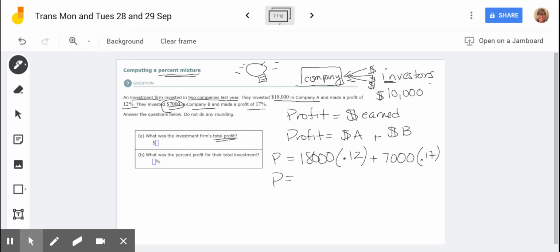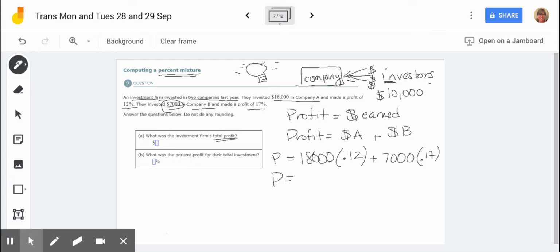So we're going to go over to the calculator. We're going to go 18,000 times 0.12 plus, and you can do this on a calculator because your calculator knows. Didn't they make 17% profit? Is that what they made? I think so. Wrong one. This one. Yep, 17%.